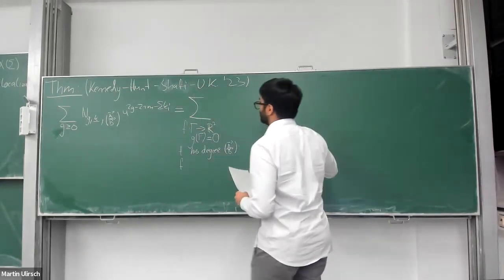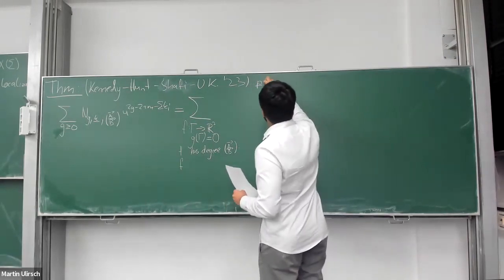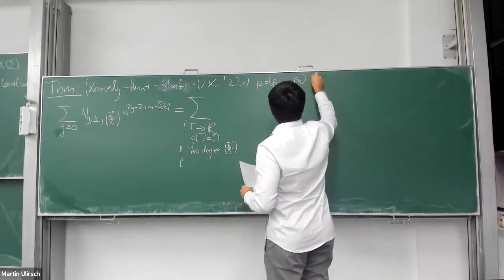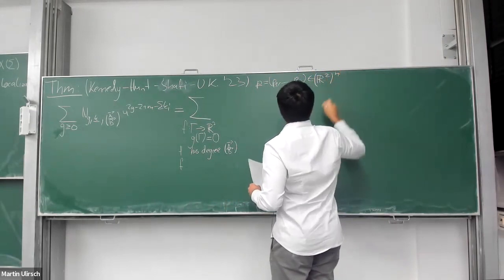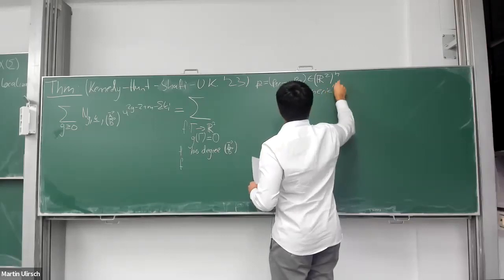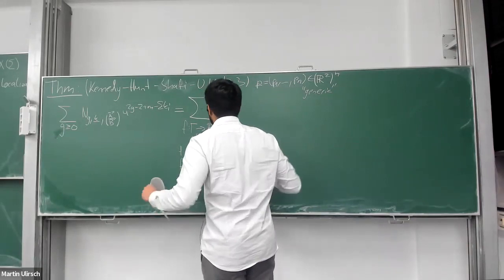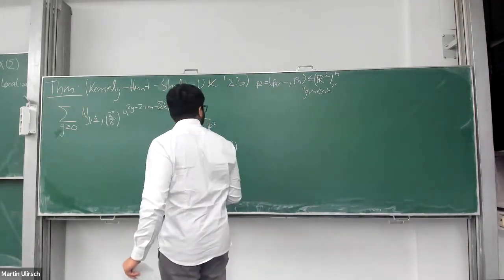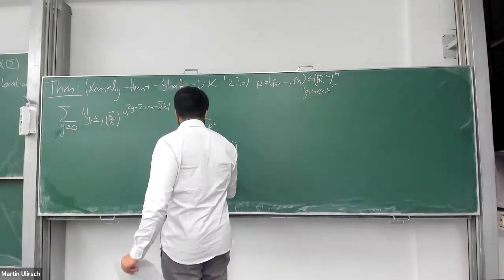For the statement of the theorem, I fix a bunch of point conditions in R2. P1 to Pn are elements in R2 to the n, chosen in some very generic way. I will not explain, but spread out nicely, in some random fashion. And my tropical curves have to pass through those point conditions.